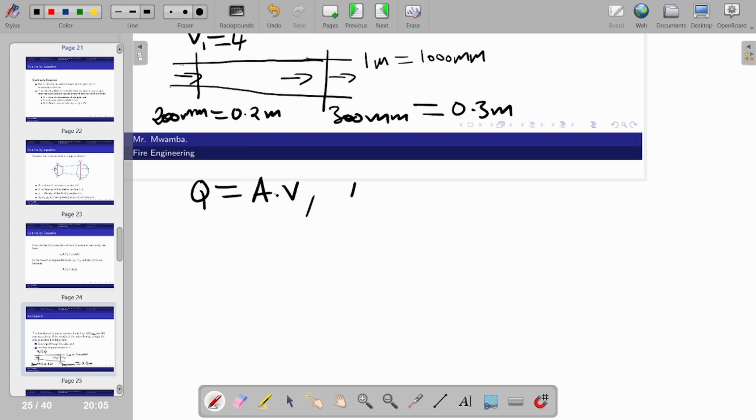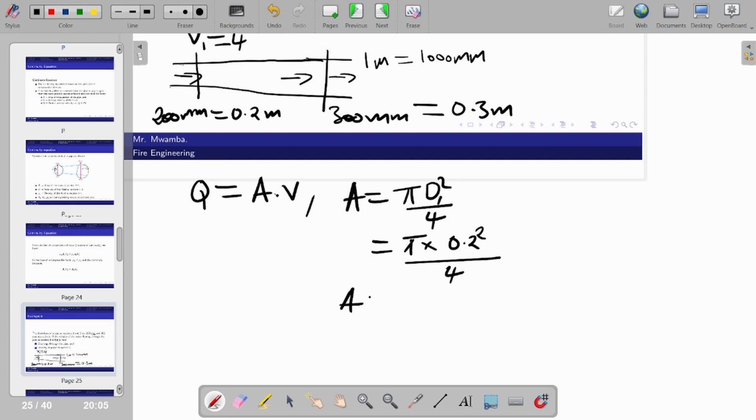The formula for area is equal to pi diameter squared over 4. In this case we're talking about the diameter at section 1, let's call it D1, and we're given the diameter, so the area will be given by pi times the diameter, 0.2, squared, over 4.